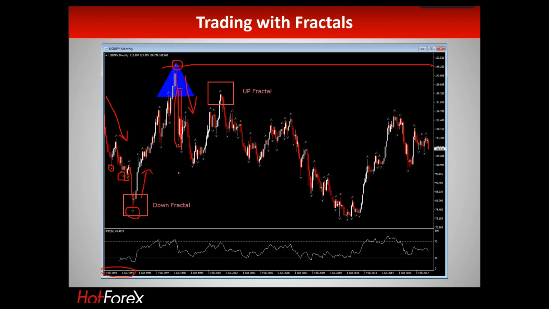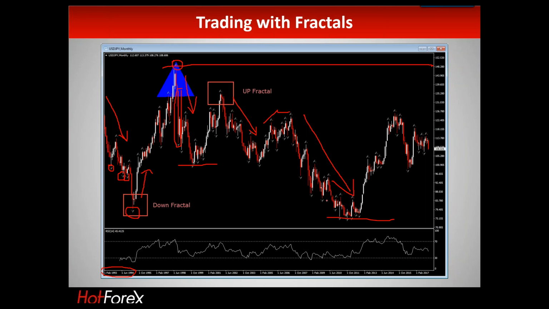We have seen dollar yen drifting lower over here, making a slow correction to the upside but continuing downwards, again a correction, but then another big decline down to the previous support, the yearly support, even below this yearly support that we initially see in this down fractal.